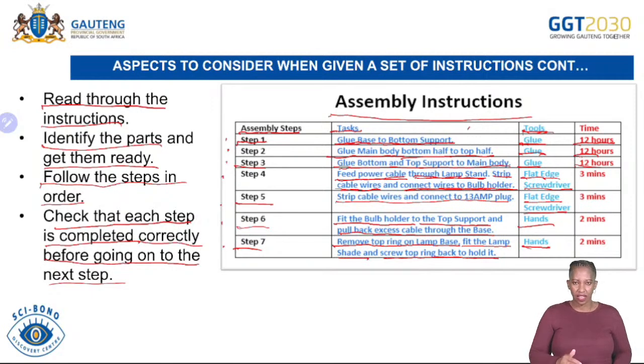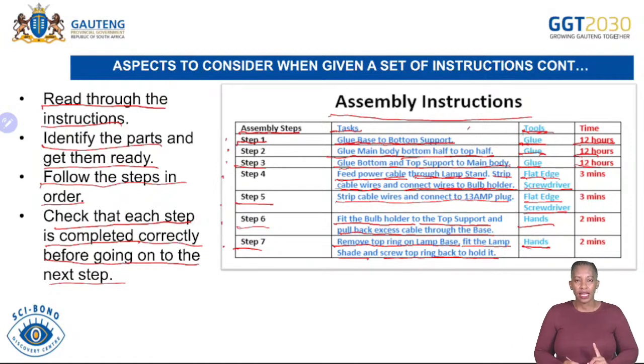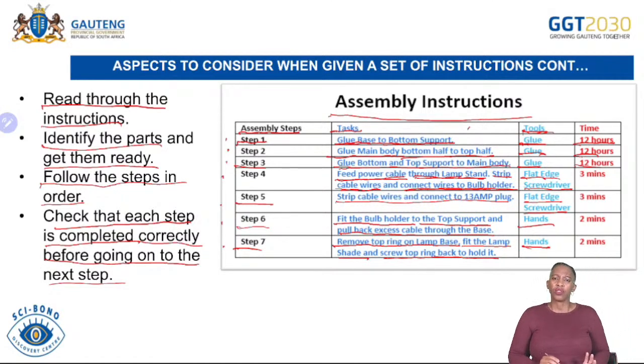So boys and girls, don't forget, assembling instruction. You are given the instruction. All that you need to do is to follow the steps when you are given the instructions, from step number 1 up until the last step, and ensuring that each and every single step is completed before you can move on to the next step. Even if you get this similar type of question in the exam, don't panic.